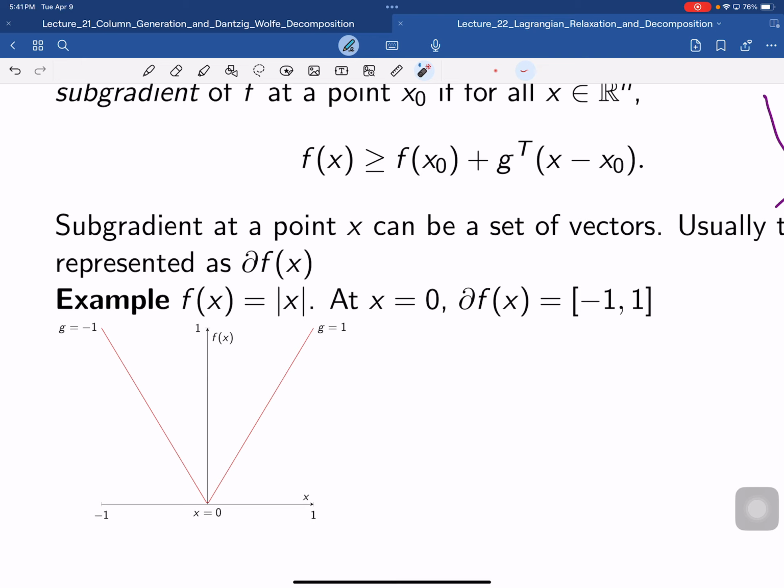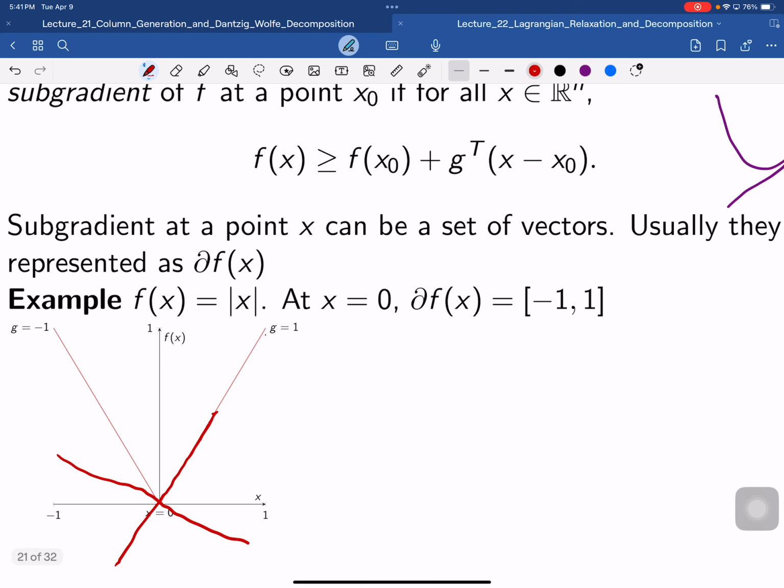Because if you draw some arbitrary line here, for example, this also underestimates the absolute value function. So all the lines with a slope from -1 to 1 always underestimate this function. So the subgradient can take values between -1 and 1, okay?